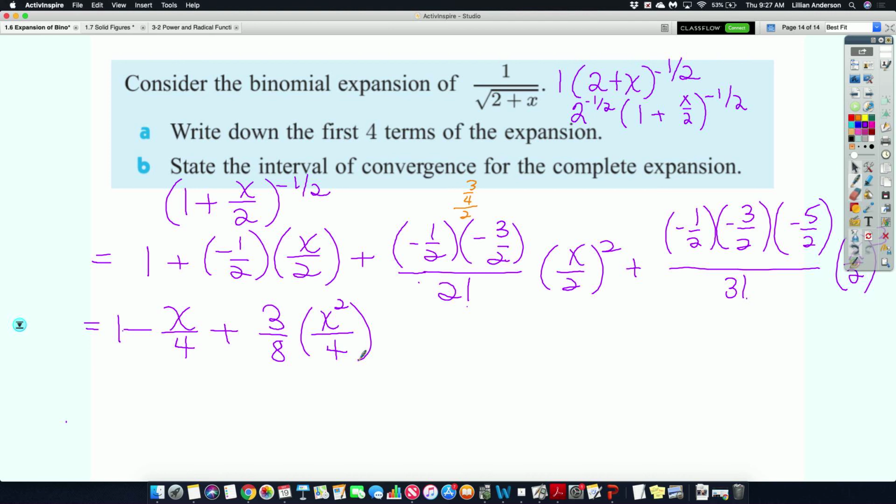And now I'm going to ask you to simplify this last fraction of negative 1/2 times a negative 3/2 times a negative 5/2 all over 3 factorial. 15 over 48? Then it's going to be x to the third all over 8, right? Because it's to the third power?